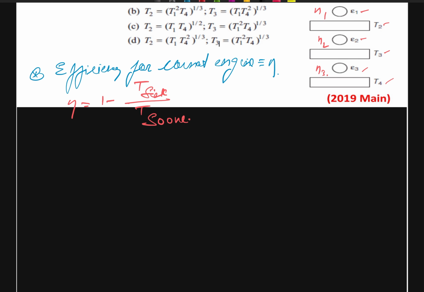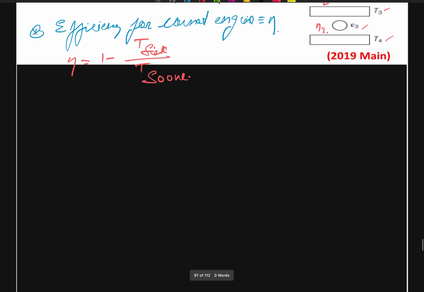Okay, so we have 3 engines. We can write this equation 3 times.